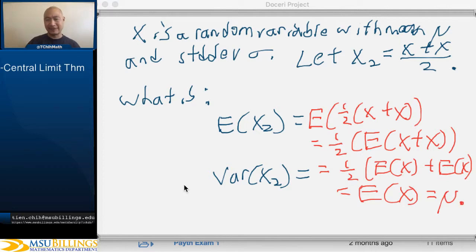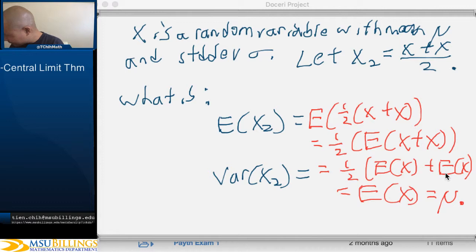Let's think about what this means. x2 is 1/2 of x plus x; that's how it's defined. I could pull the 1/2 out by the properties of expectation that we discussed in chapter 2. Then I could split apart the expectation of x plus x into E of x plus E of x, because that's also one of the properties.